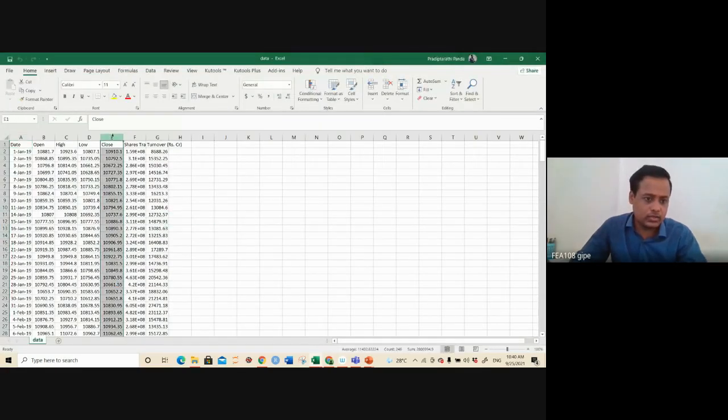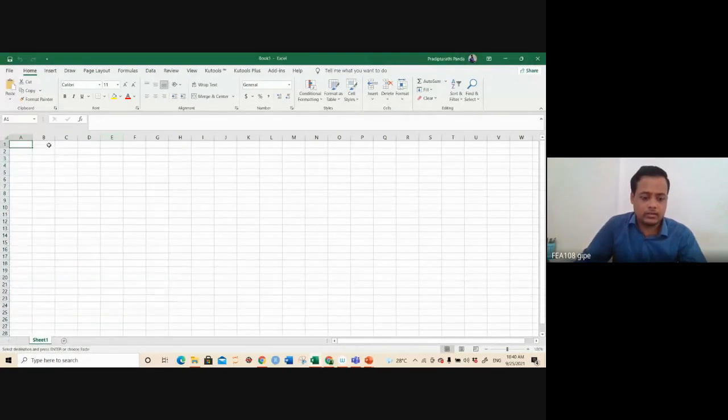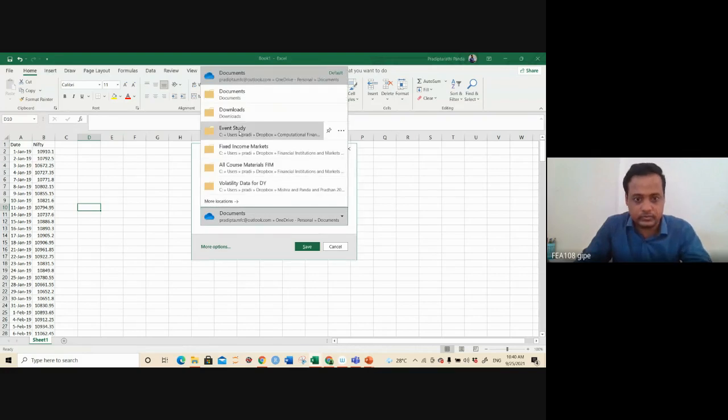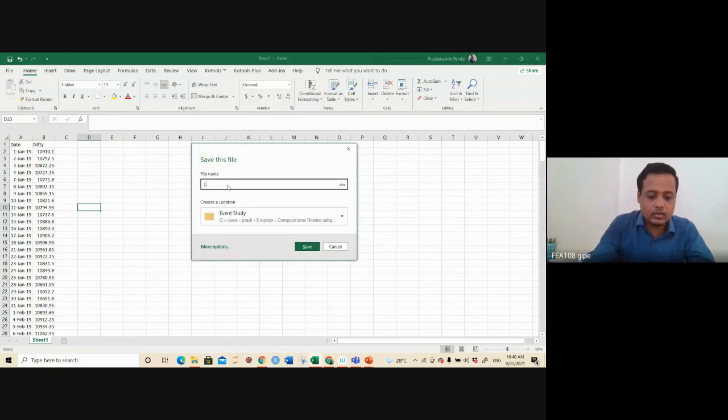So take this closing price and date and create it in one file. So this is your Nifty data. Okay, first Jan to... so lockdown impact.